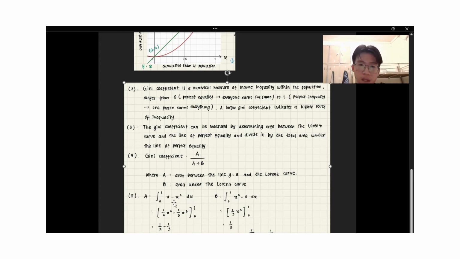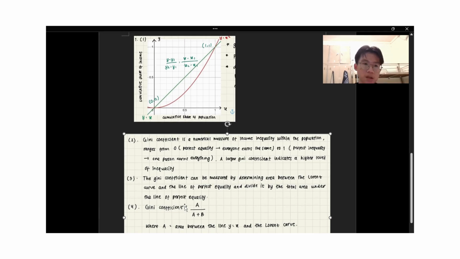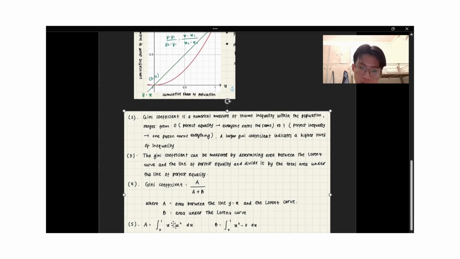And we subtract x squared, dx. Why is this? Because x squared is below y equals x, so the top minus the bottom, so x minus x squared dx.